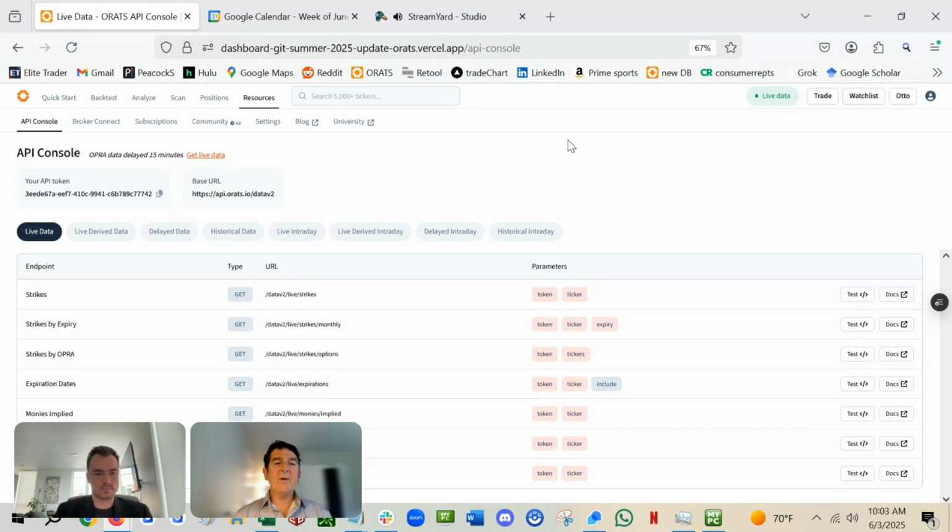But first, this is going to be our new look, and under resources, we have an API console that goes through all the different ways that you could access data. And there's a lot of different ways because there's a lot of different needs out there.